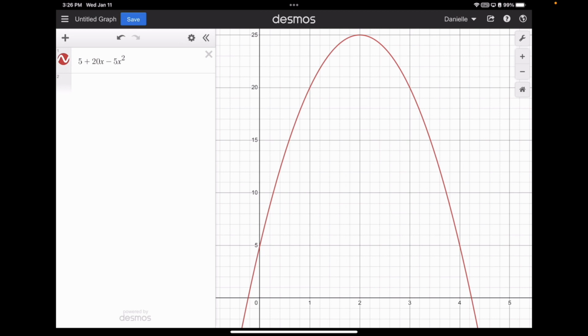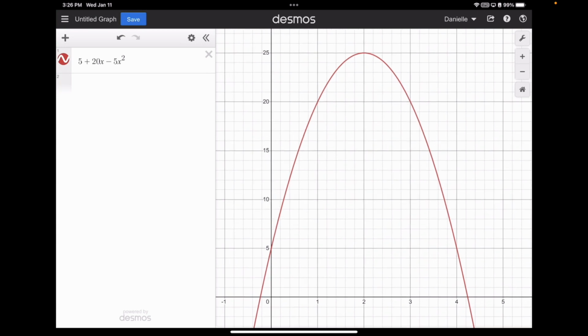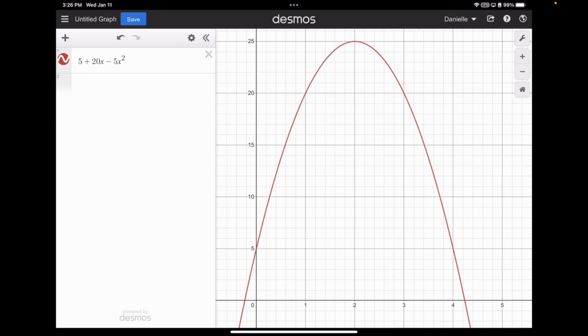So the first question they asked me was, when does this reach its maximum height? That is that part of your curve right at the tip top. So let me actually show this point here, this maximum. Desmos is kind enough that it places a dot there when we select the function.